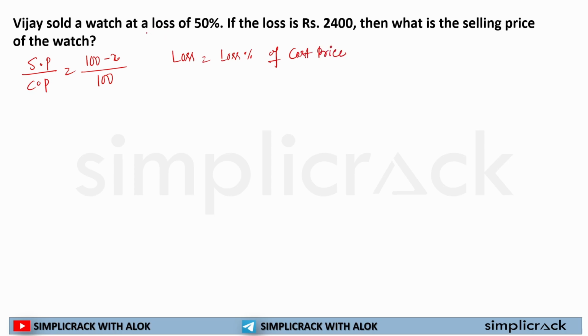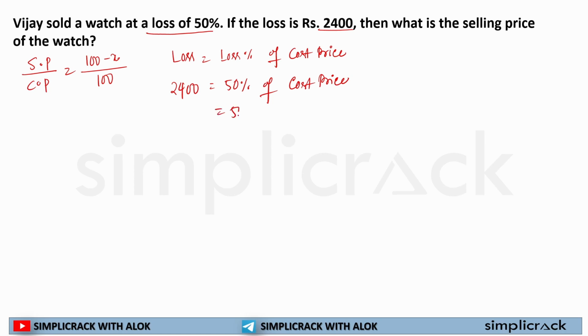So here loss of 50%. Loss of 50% of cost price will be my loss, and my loss is what? 2400, because loss is loss percentage of cost price, you know it.